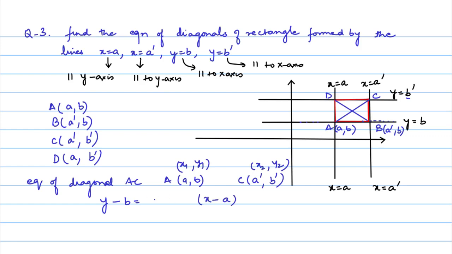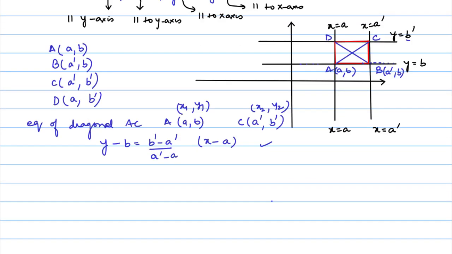Now here we'll write y2 minus y1, b dash minus b, upon a dash minus a. This would be your required equation of the line, or rather diagonal AC. You can simplify this. y minus b into a dash minus a is equal to b dash minus b into x minus a. This is the equation of diagonal AC.